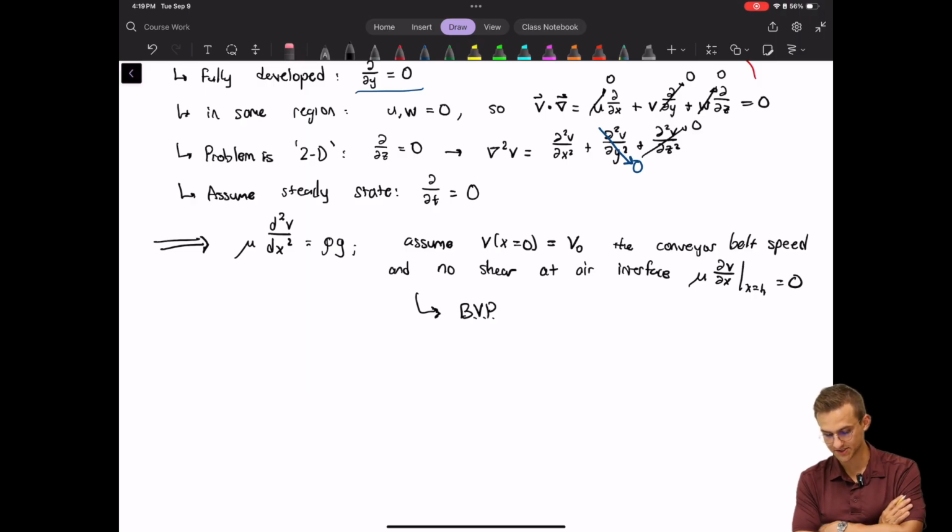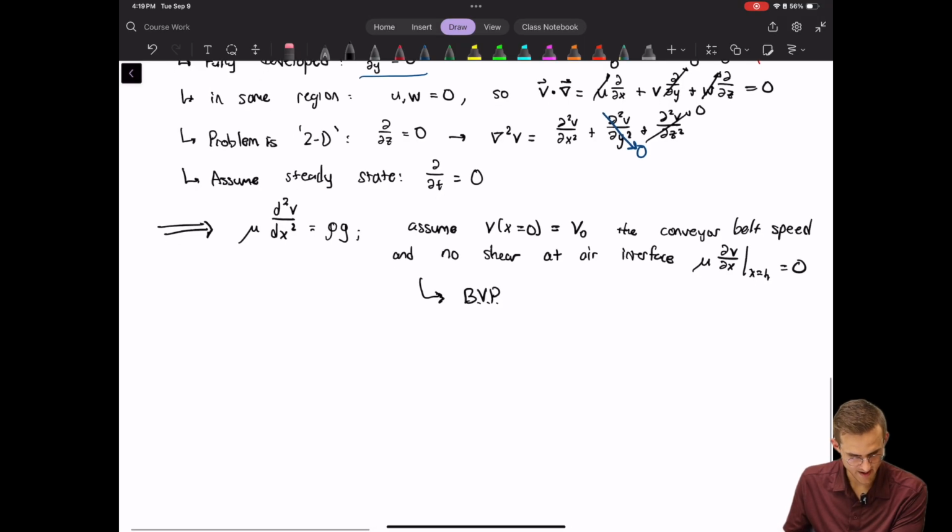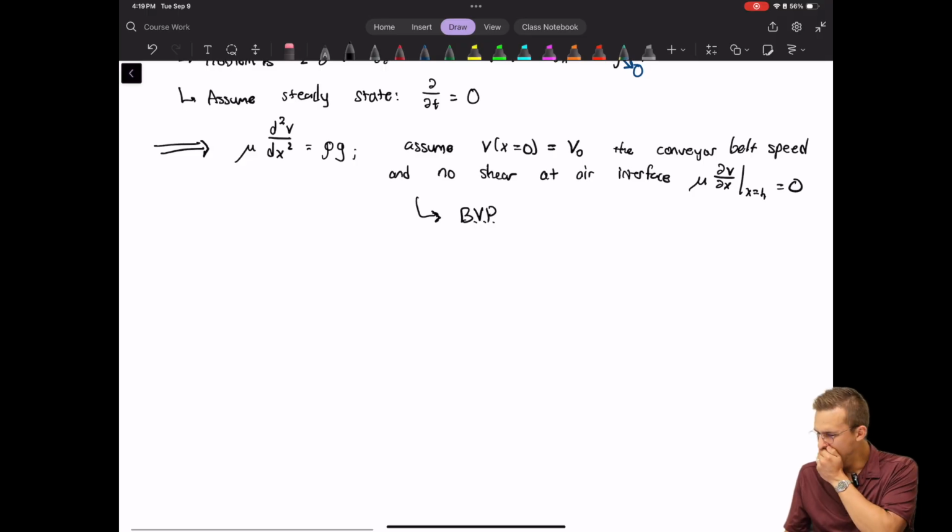So we can literally just integrate this twice. You'll see that you'll end up with some sort of linear flow profile, subject to these conditions. Okay, so that's setting up that model.